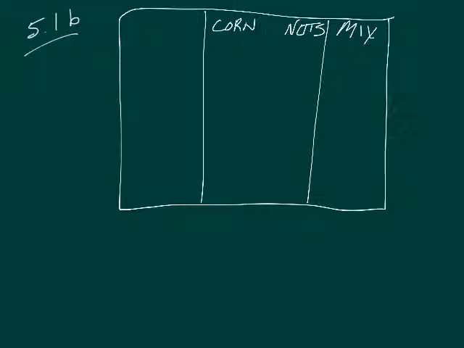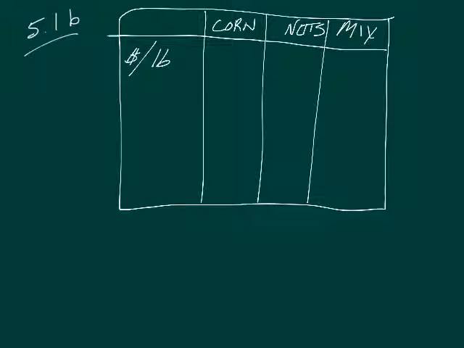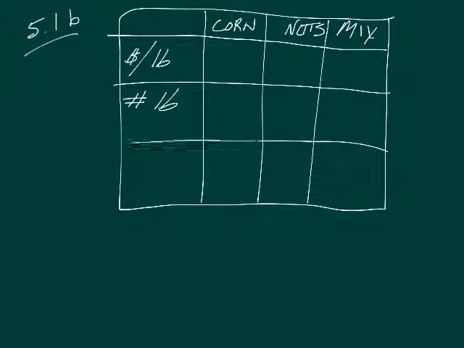So we're going to have three different columns there. Price per pound is going to be in our first row. Number of pounds, that's LB for pounds, and then we're going to have the value of the mix down here.